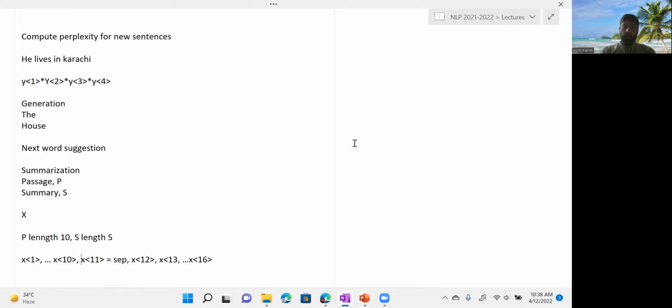Okay, so every word at any given point, and of course after the sep, would attend to all the words before it. But any word before the sep can attend to words after it as well. But that is kind of irrelevant because we'll be generating after the sep token.